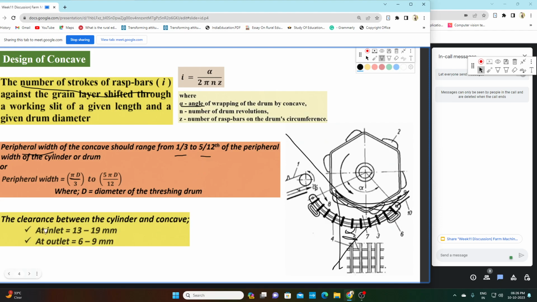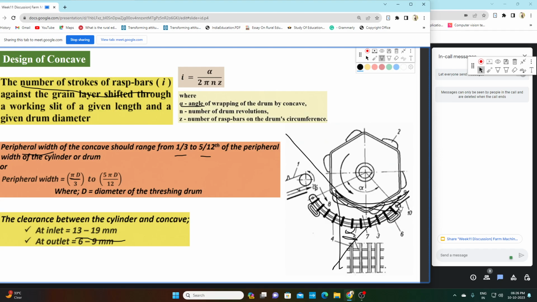The third design parameter is the clearance between the cylinder and the concave. At the inlet, where you are feeding, it should be between 13 to 19 millimeter, and at the outlet it should be less, because at the inlet you have to feed your crop. So at the inlet the clearance should be large, but at the outlet it should be small.